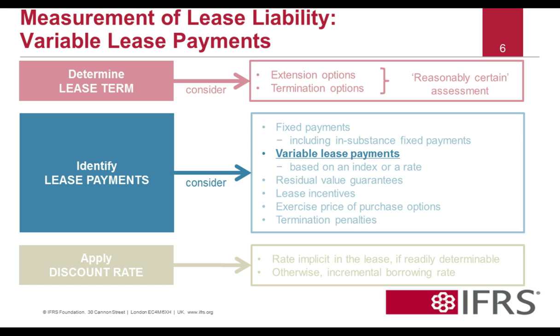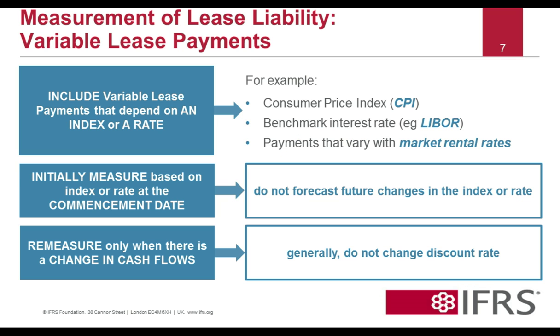Thanks, Catherine. Now, the next area we'll talk about is variable lease payments. And in particular, when should they be included within lease payments? And when they are included, how should they be measured? So first, which variable lease payments should be included within the measurement of lease payments? Essentially, they should be included when the payments depend on an index or a rate.